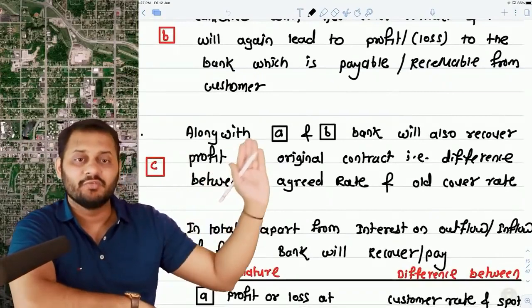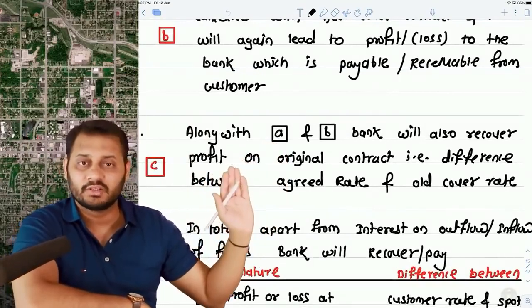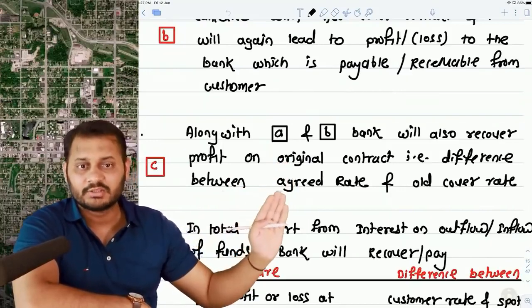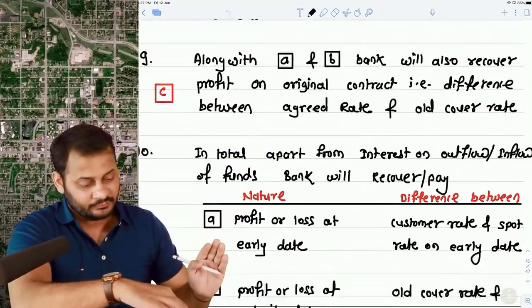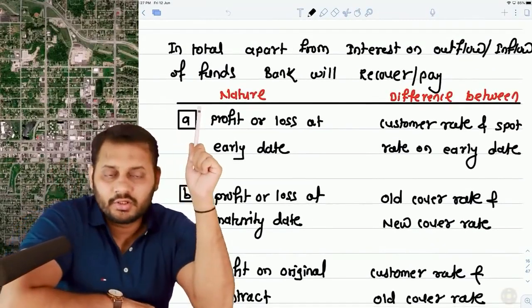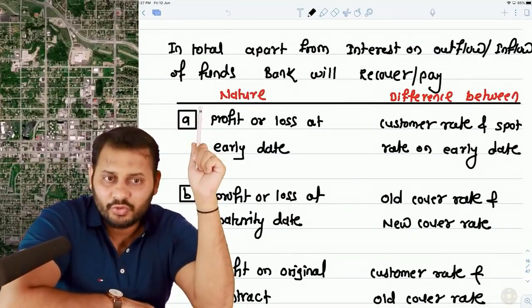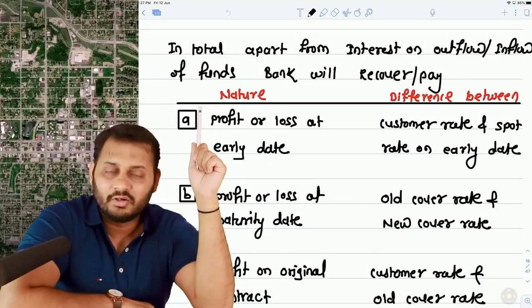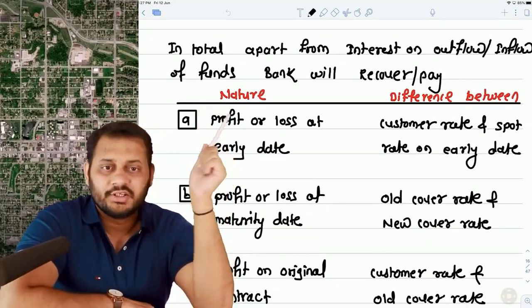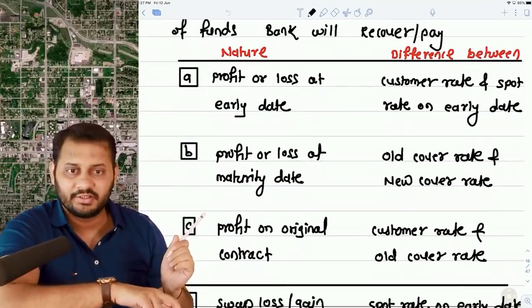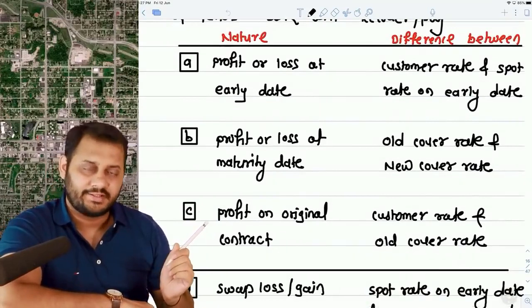Third thing, along with A and B, the bank will also recover the profit which would have happened on the original contract, the difference between the agreed rate and cover rate. Now, in total, this is the most important part. In total, apart from the interest on outflow or inflow of funds, the bank will recover or pay: profit or loss on early date, profit or loss on maturity date, and profit on the original contract.